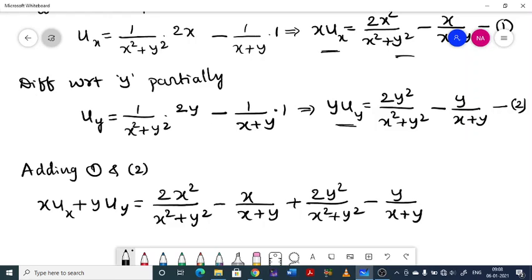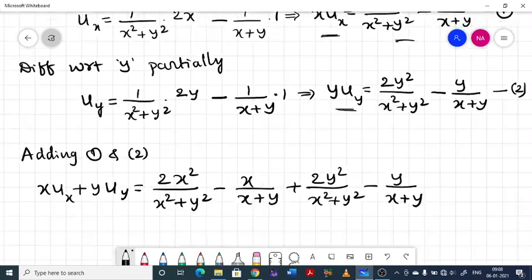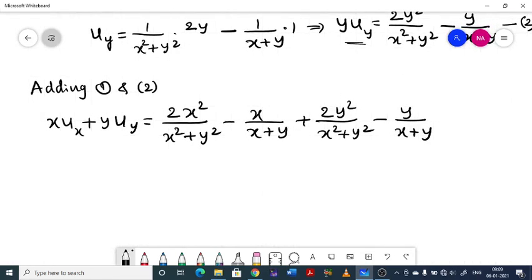See, if you have common denominators, then you can add numerators. Don't add denominators also. You can add these two because they have common denominators.